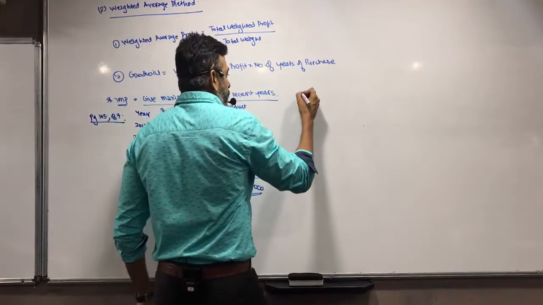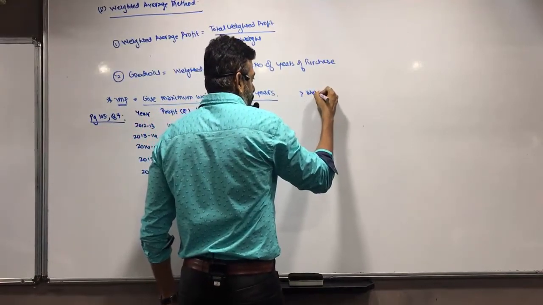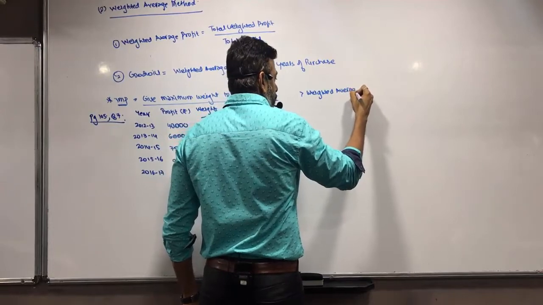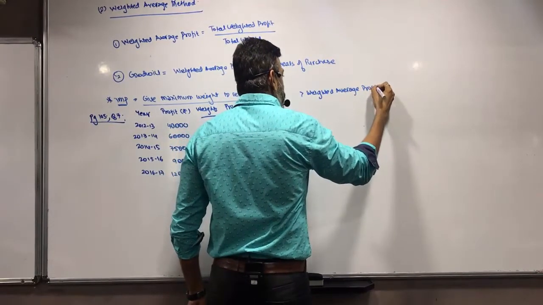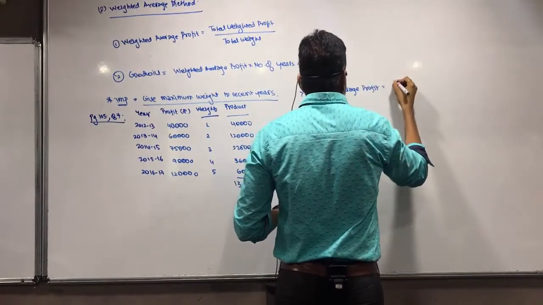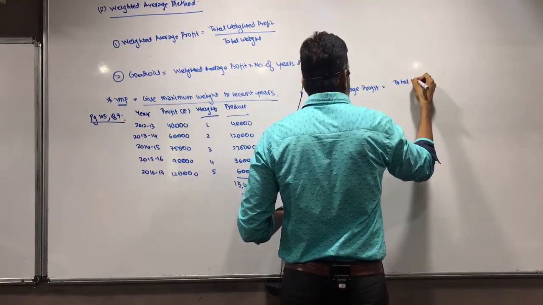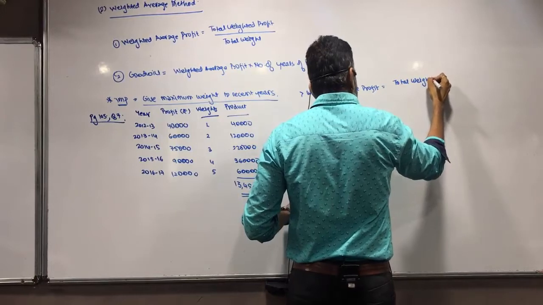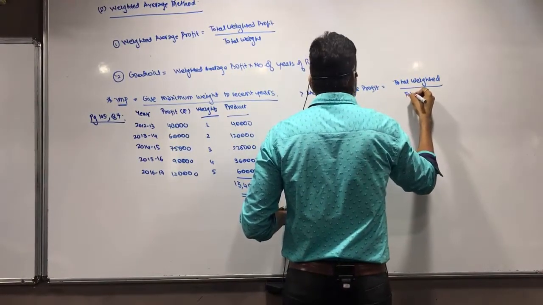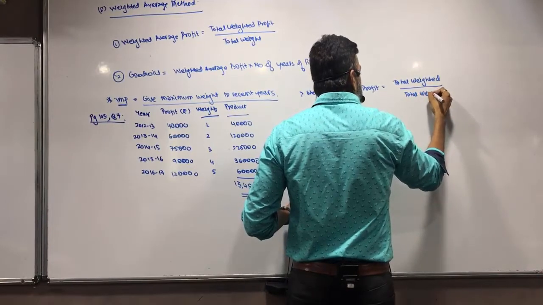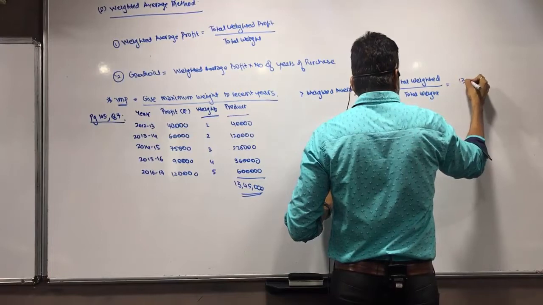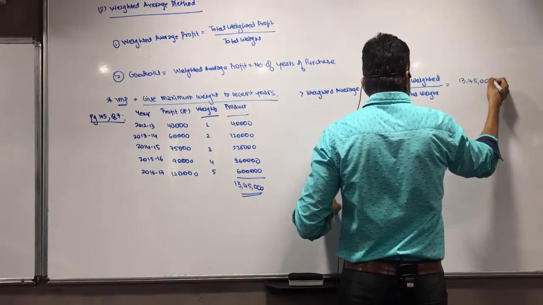So, weighted average profit is equal to total weighted profit upon total weight is equal to 13,45,000.